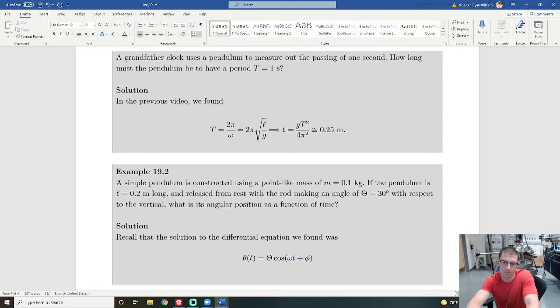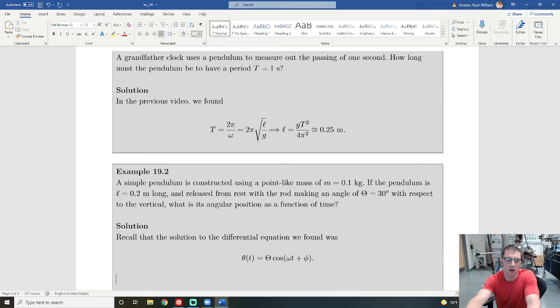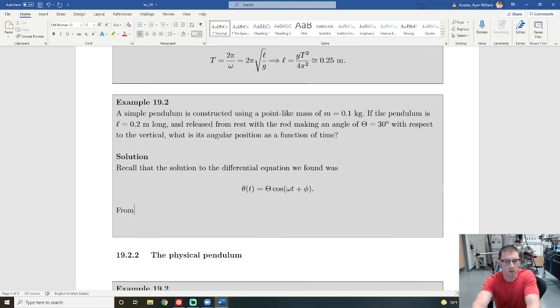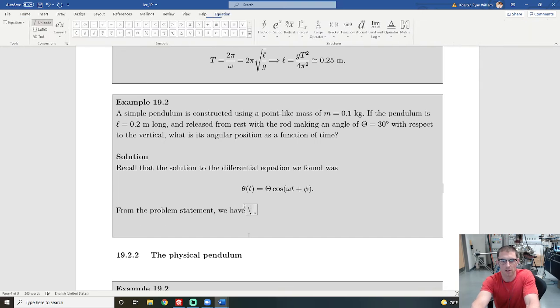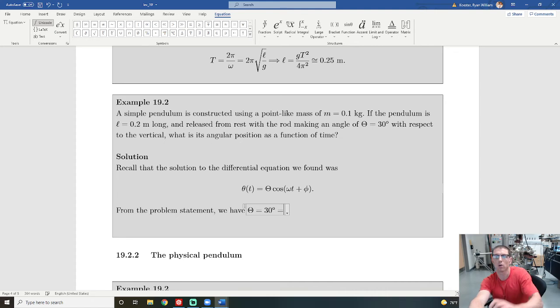And so let's just fill this in. From the problem statement, we have big theta equals 30 degrees. Now, in general we want to convert degrees to radians when we're working with simple harmonic motion. So I'm going to do that, right?